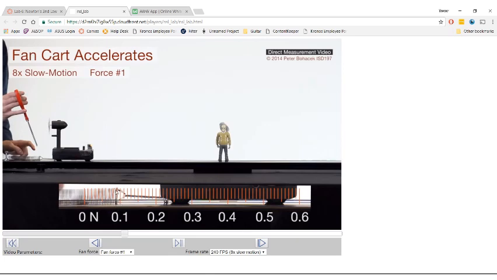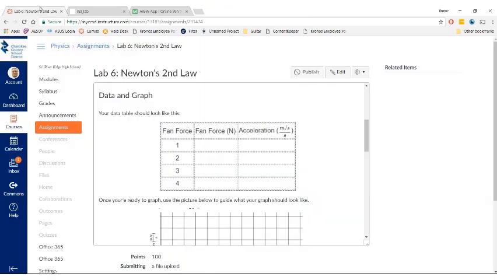So this is going to be 0.09 newtons, because if I count up, I go 0.01, 0.02, 0.03, 0.04. Here's halfway, so 0.05, 0.06, 0.07, 0.08, 0.09 newtons. Not 0.9 newtons, but 0.09 newtons. So go over here and fill in your data table, 0.09 newtons.